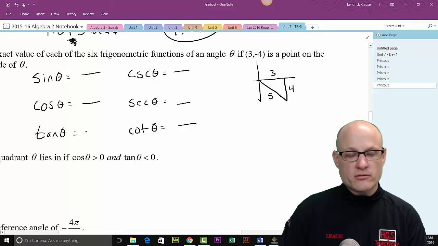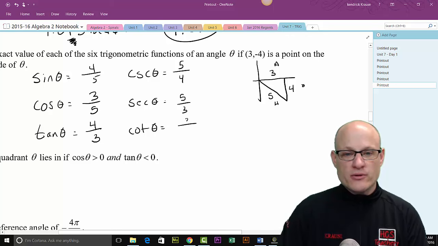Sine is opposite over hypotenuse. That's 4 over 5. Oh yeah. Cosine is adjacent over hypotenuse, 3/5. Tangent is opposite over adjacent, 4/3. And these are just the reciprocals. 5 over 4, 5 over 3, 3 over 4. All right, we're moving on.